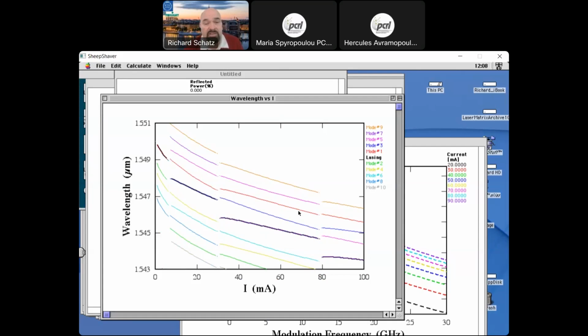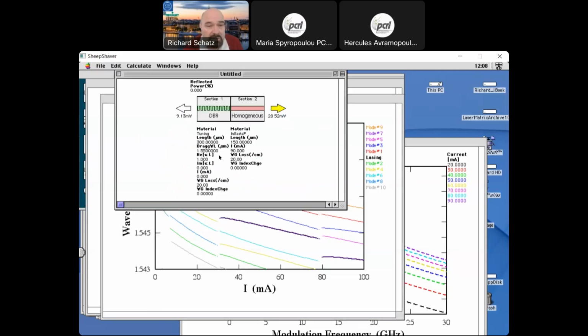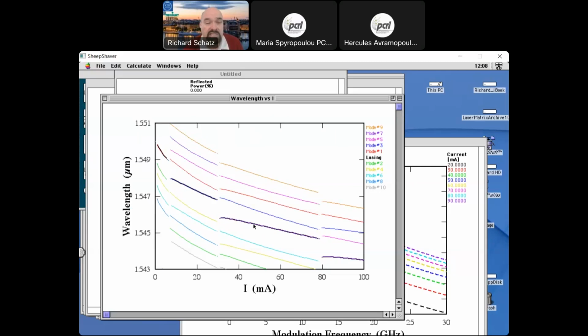And on the long wavelength side, you get good detuned loading, which we want to have for high speed performance. So we can look at how the bandwidth changes when you change the current in your passive section. We keep the current constant in the active section at 90 milliamp and see how the bandwidth changes when we change current in the passive section.